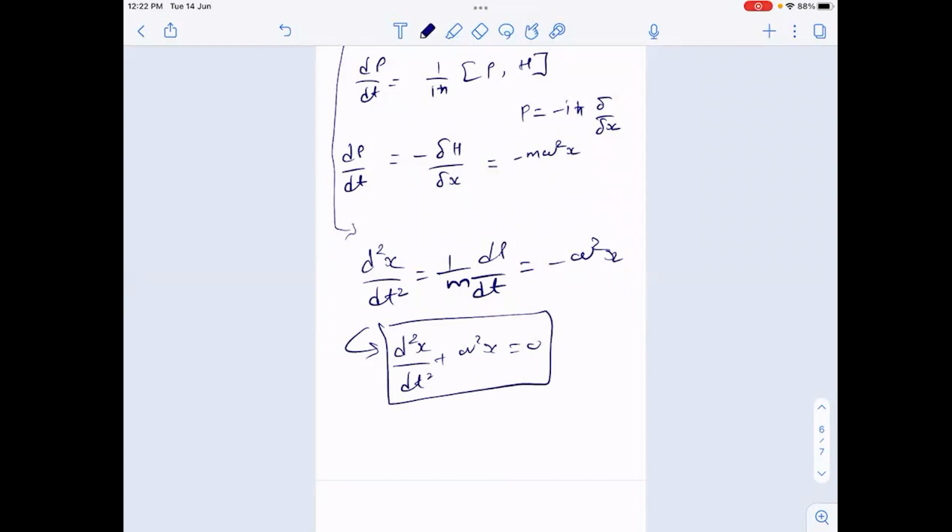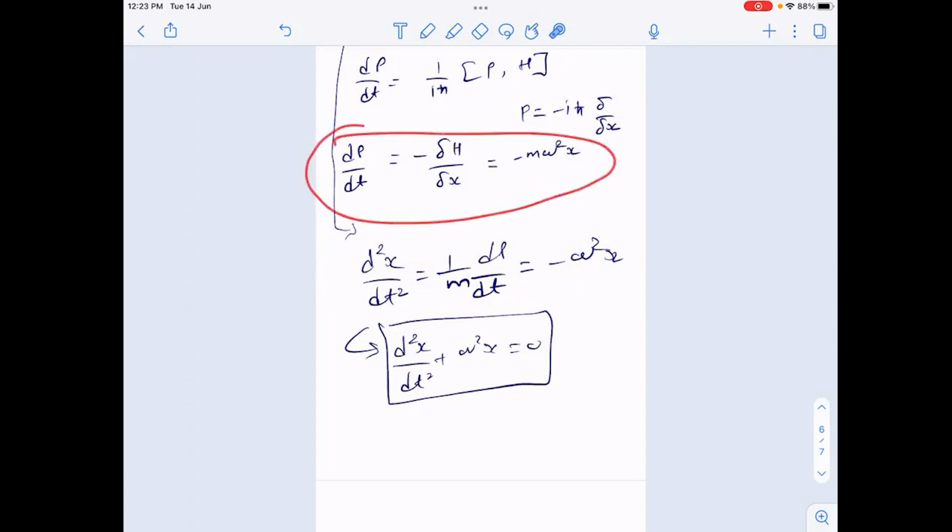Correct? Sir, I am not getting minus del h by del x from the commutator of p and h. You are talking about del p by del t, the last third step. Let's keep it in English.